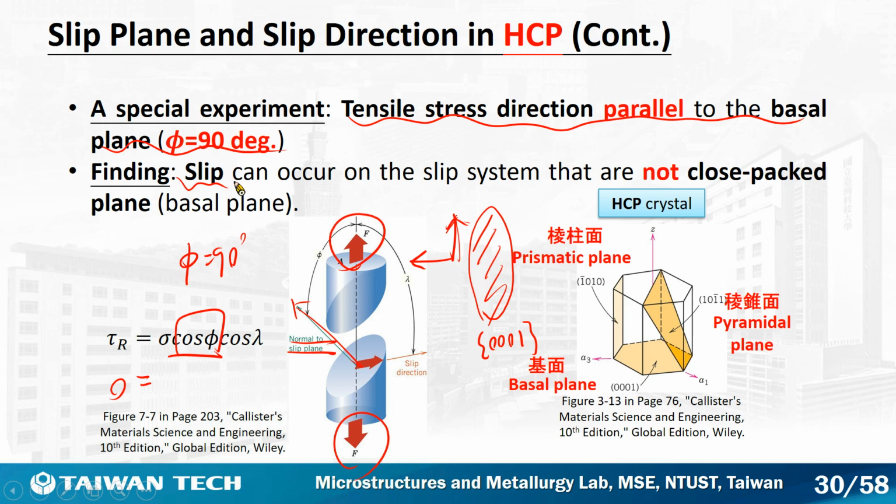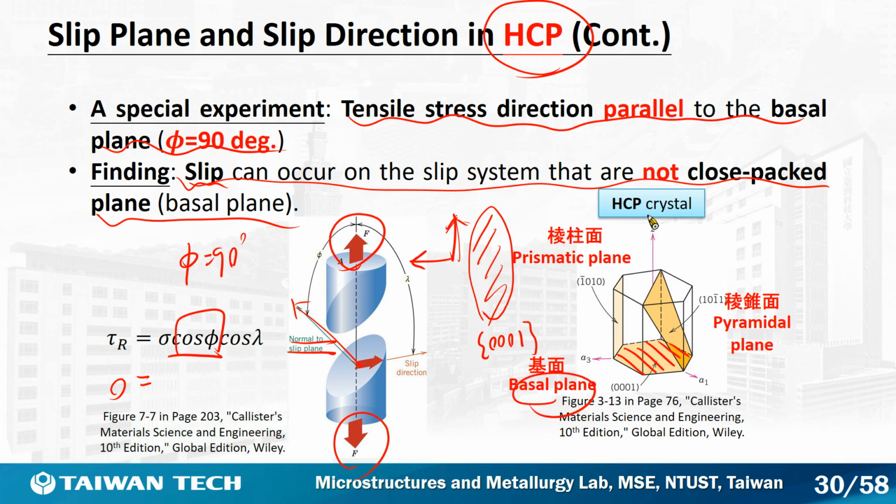This is the close-packed plane slip. Okay, so this is an important finding for HCP. And also you can see here, this is the summary. We have a special name for this plane in the HCP crystal. As we have talked about many times, this is the basal plane. Also, we have the pyramidal and prismatic planes here.